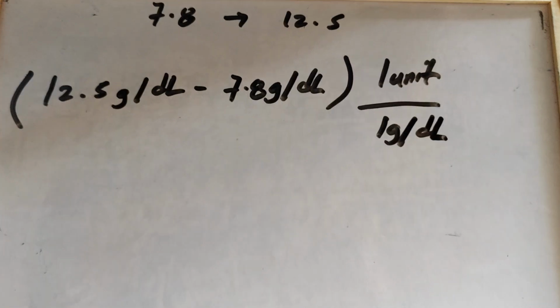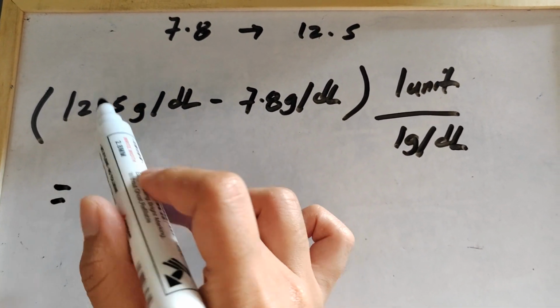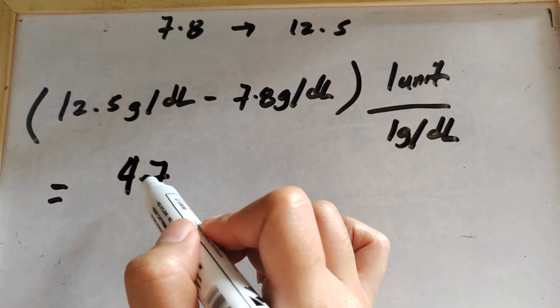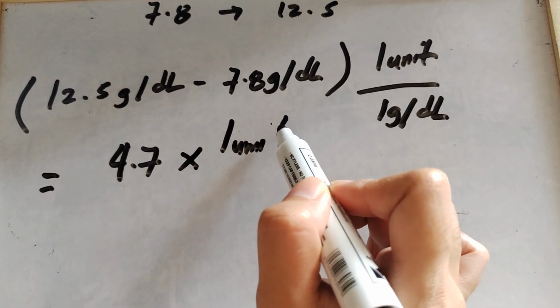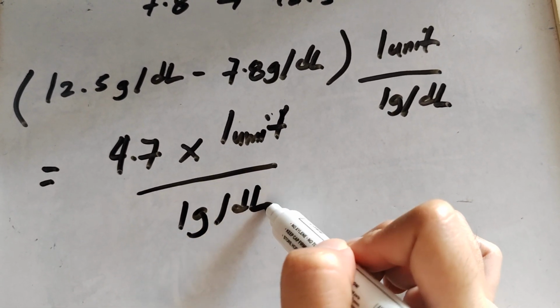That would give you 12.5 minus 7.8, which is 4.7, times 1 unit over 1 gram per deciliter.